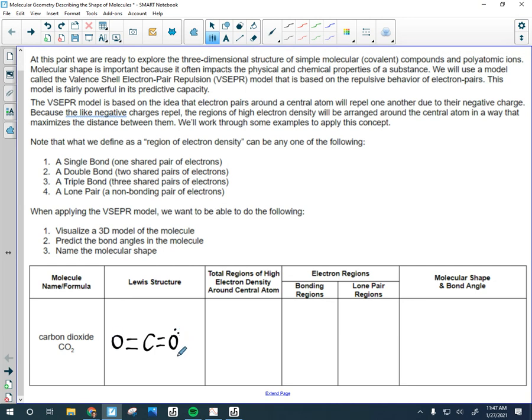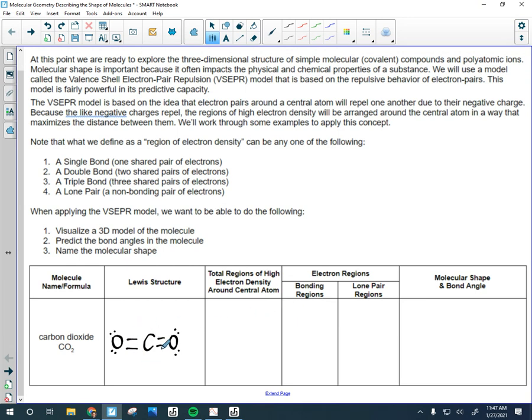And so we would have some non-bonding electrons on each oxygen. And again, you should be able to work this out on your own if you take a little time. But I'm going to go ahead and give it to you, and we'll work from there. And so I want to look at the central atom and identify some information, and that's going to help me figure out the 3D shape.